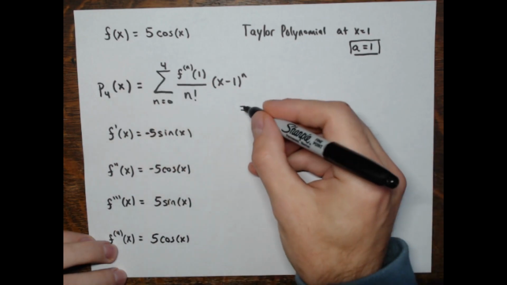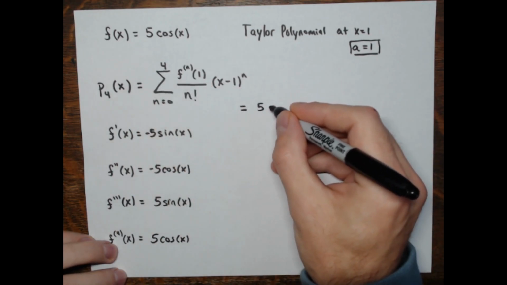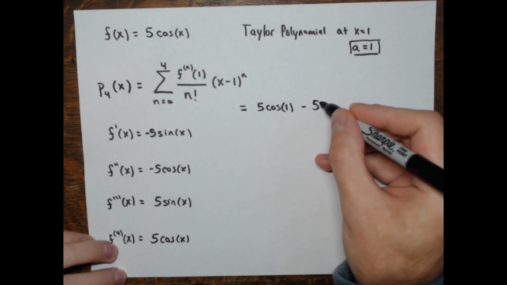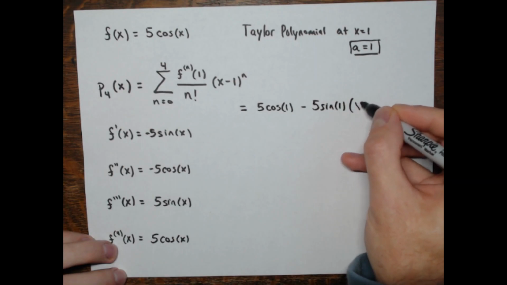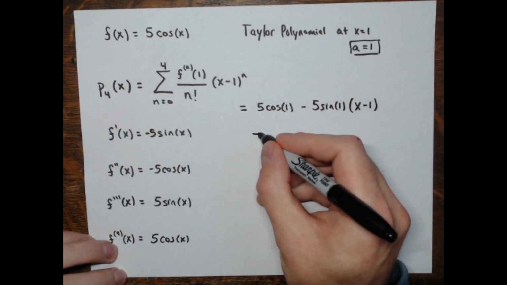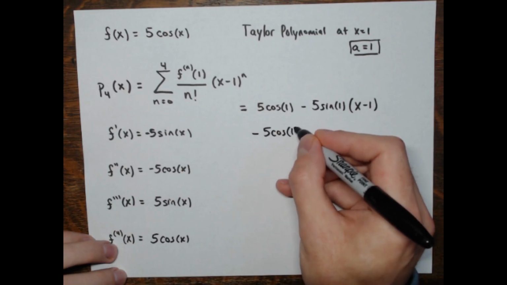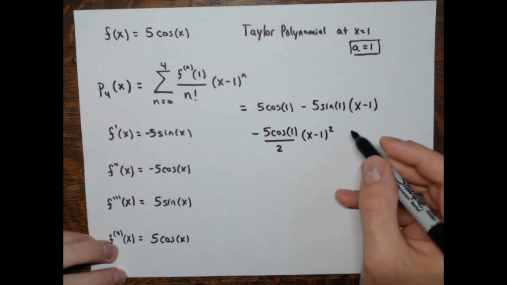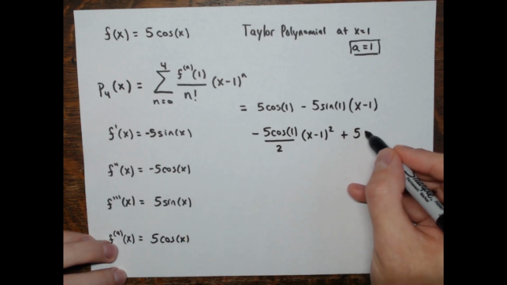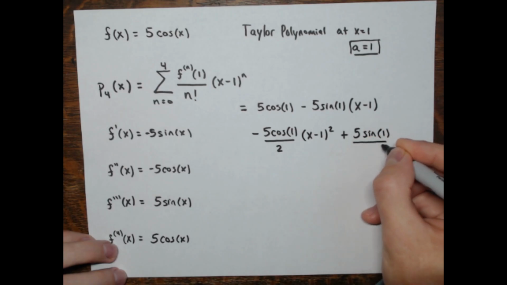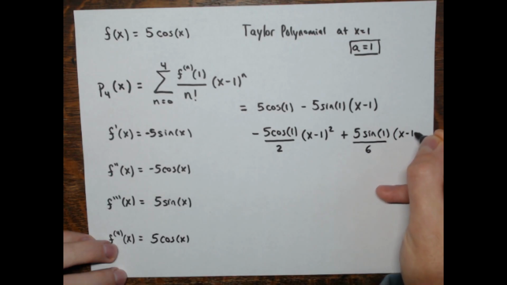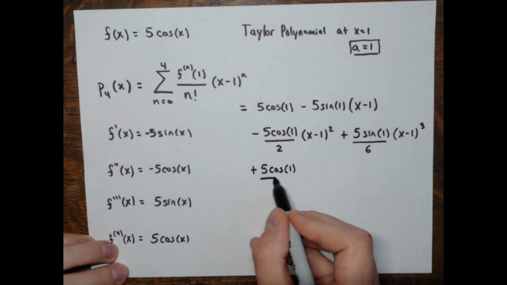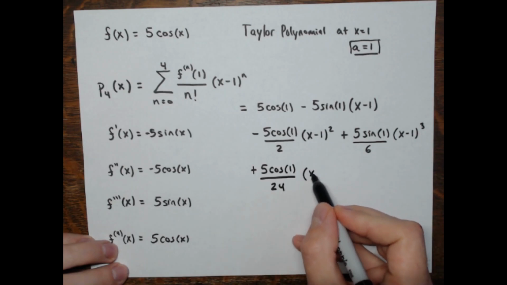This fourth degree polynomial would be 5 cosine of 1, minus 5 times the sine of 1 times x minus 1, minus 5 times the cosine of 1 over 2 factorial, times x minus 1 squared, plus 5 times the sine of 1 over 3 factorial, 6, times x minus 1 cubed, and finally plus 5 times the cosine of 1 divided by 4 factorial, 24, times x minus 1 to the fourth.